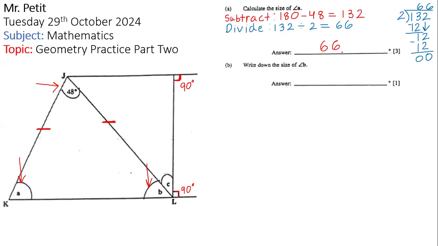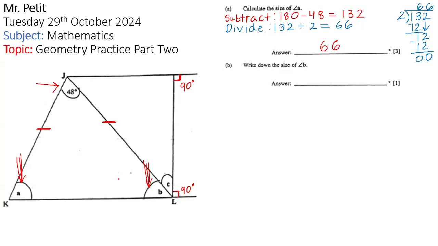Now bear in mind it's 66 degrees because angle A and angle B are equal. And we know that they're equal. How do we know that they're equal? Because it's an isosceles triangle.